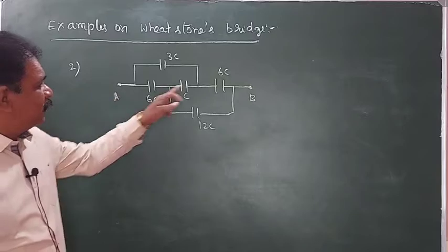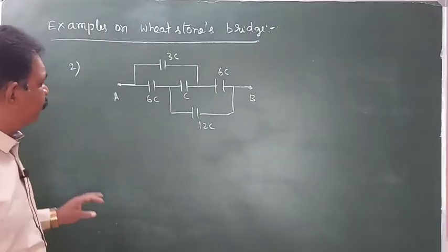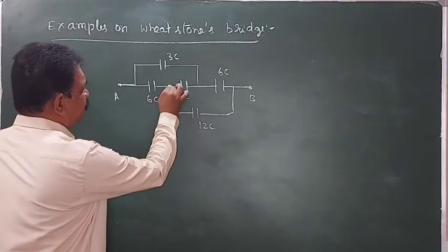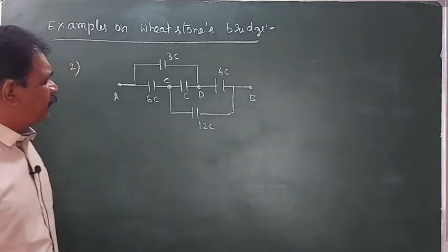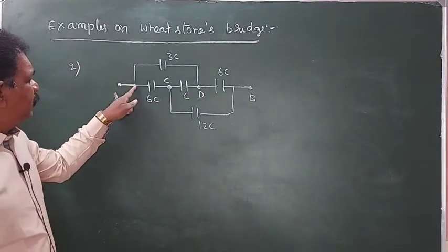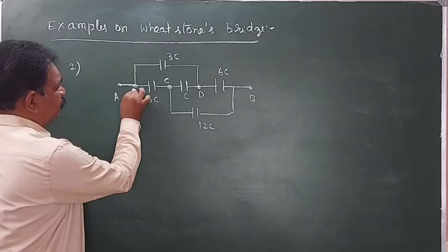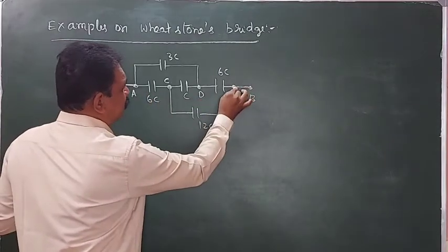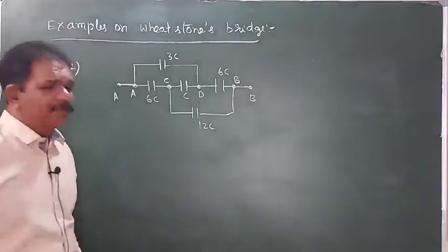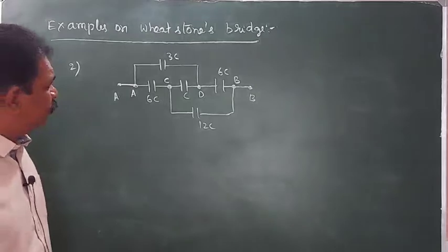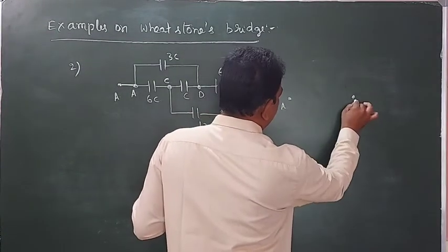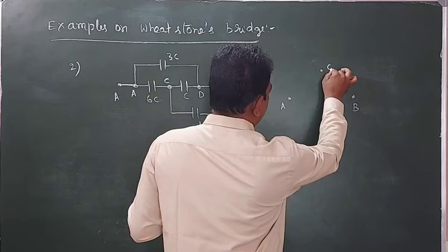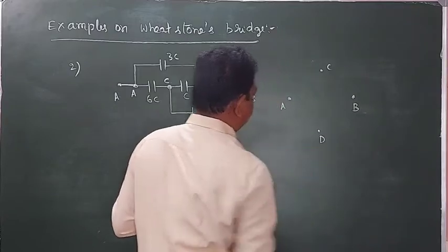If we redraw the circuit, what will happen? Here I am assuming point C, here I am assuming point D. Here A means here also A. Here B, here also B. If we redraw the circuit, here A, here B, take here C, take here D.